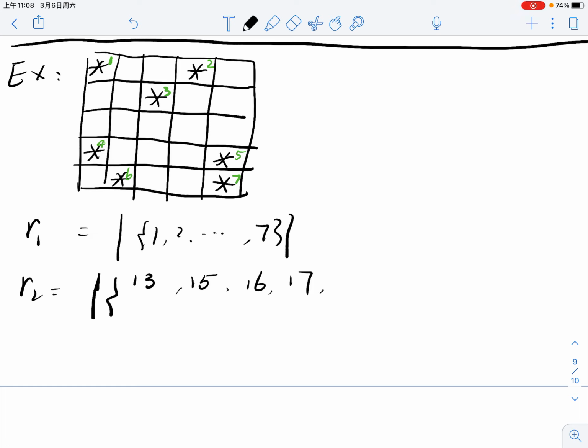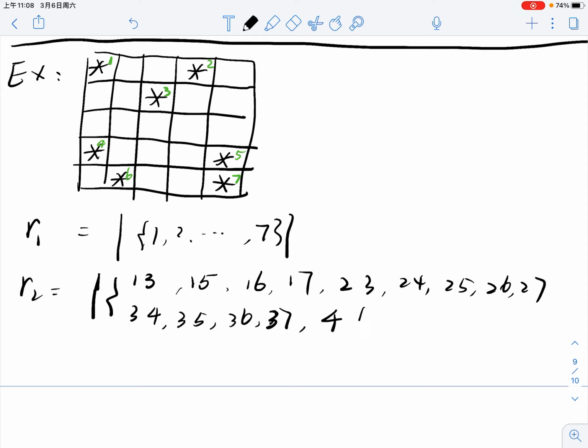And then you have 2,3, 2,4, 2,5, 2,6, 2,7. Then 3,4, 3,5, 3,6, 3,7. And then 4,6, 4,7. And 5,6. Totally you have 16.